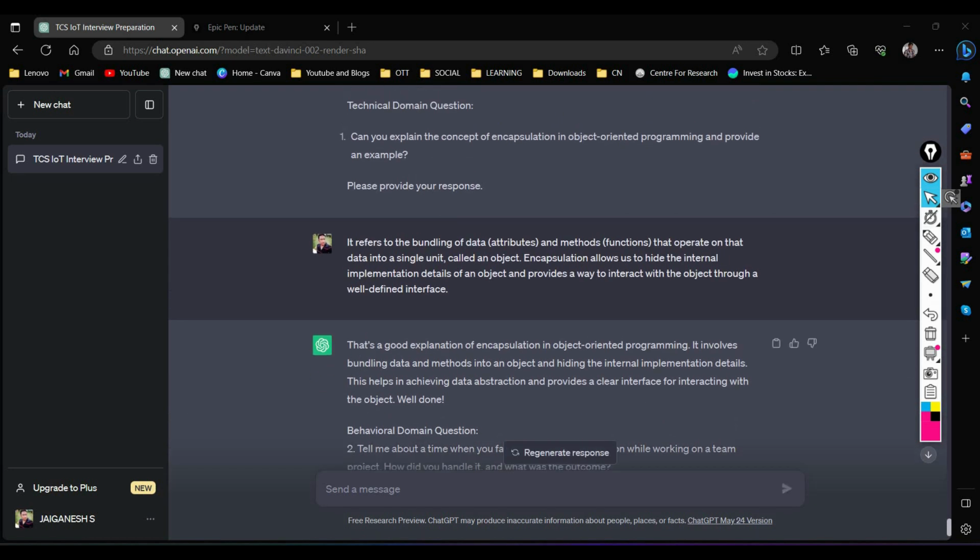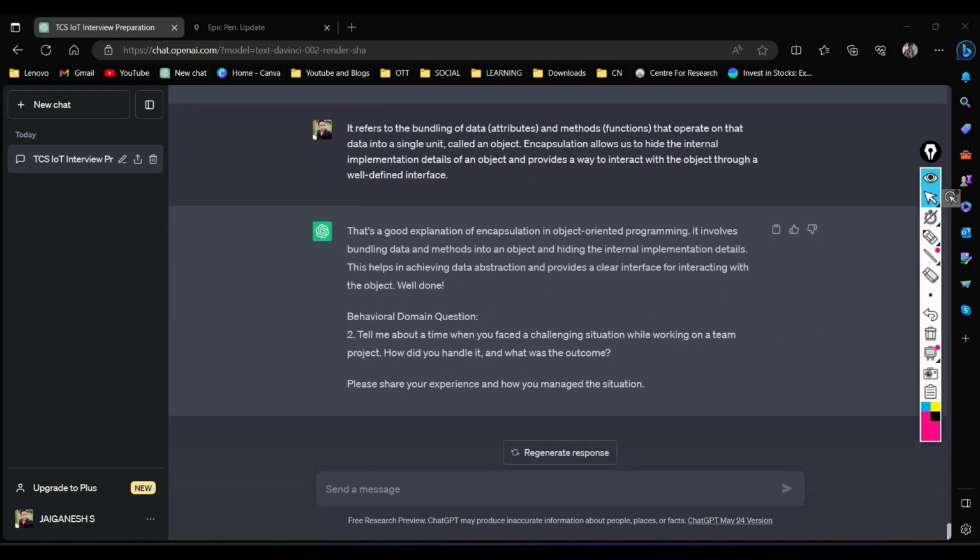ChatGPT has said that's a good explanation of encapsulation, and it summarizes whatever I said in my previous response, then it has appreciated me with well done, and then it has sent me the second question.